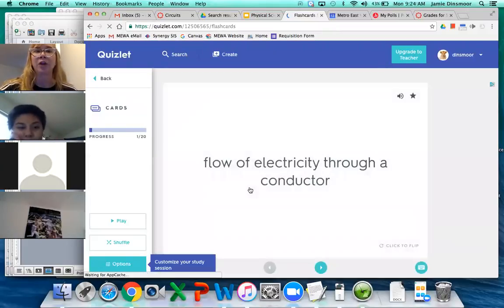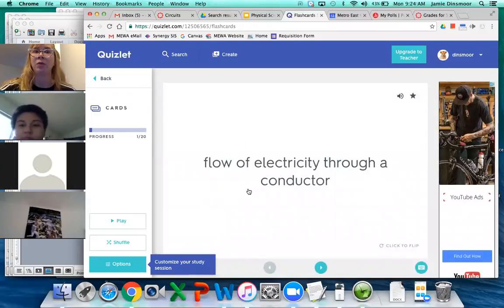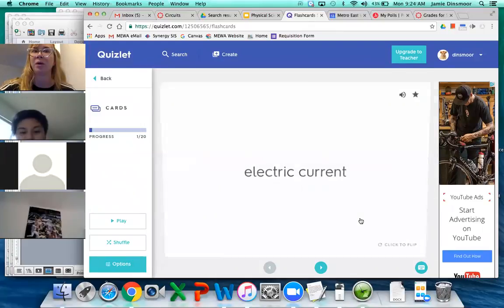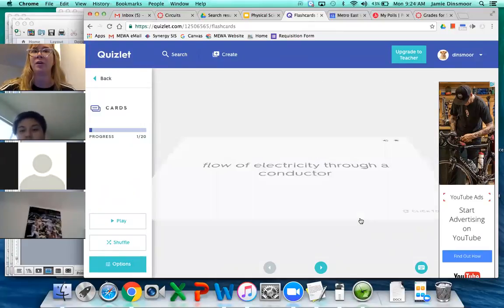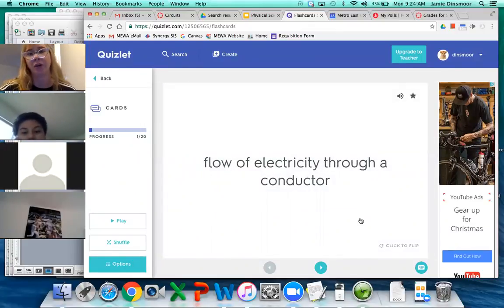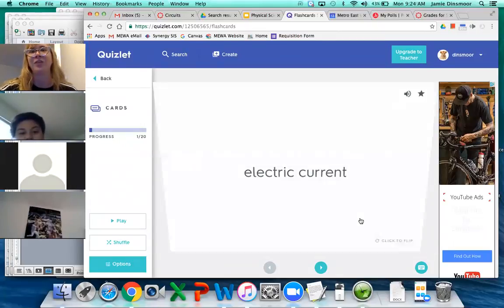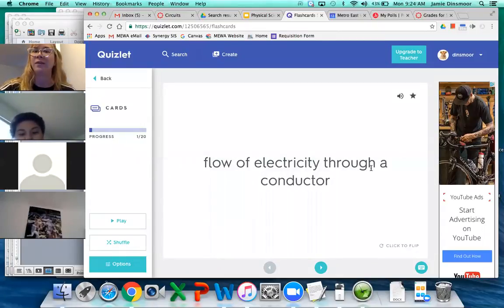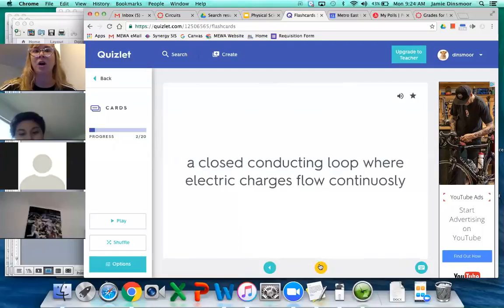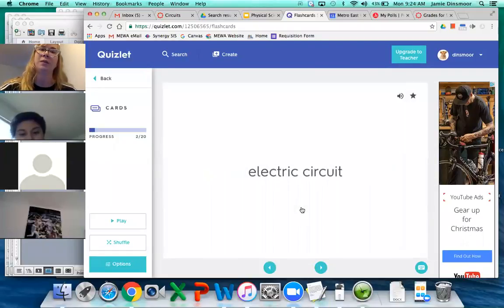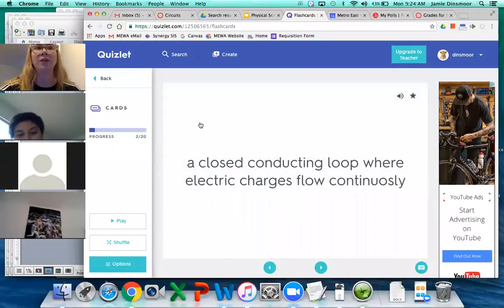If you do the flashcards, it will give you the card and you click to flip. So that's an electric current, the flow of electricity through a conductor. You can keep flipping back and forth. Then when you're ready, you go to your next card and do the same thing. So it's a helpful way to study vocab.